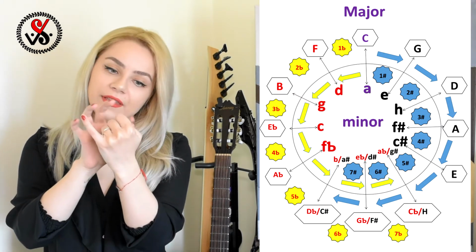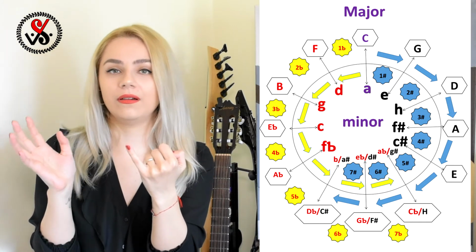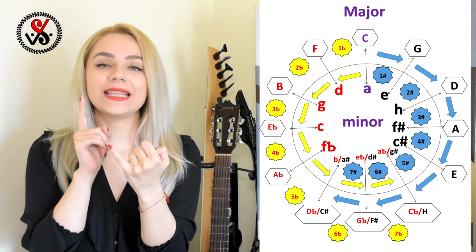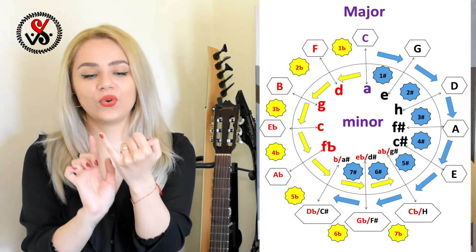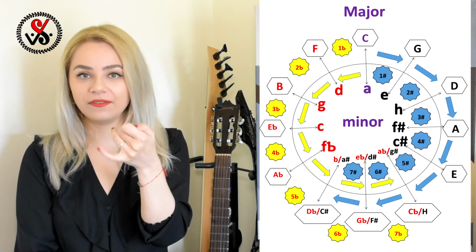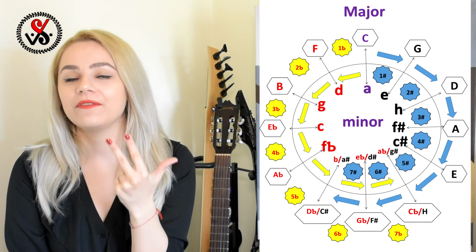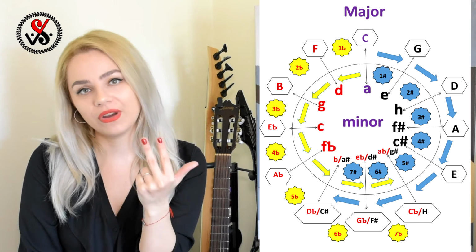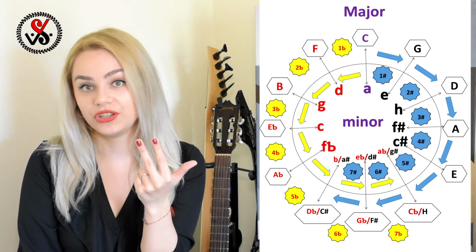So you have here 4 fingers, which is supposed to mean that there are 4 sharps. But don't forget that in C major there are no accidentals at all, so we have to subtract 1 finger. What we have left is only 3 fingers, and that means in A major there are only 3 sharps: F sharp, C sharp, and G sharp.